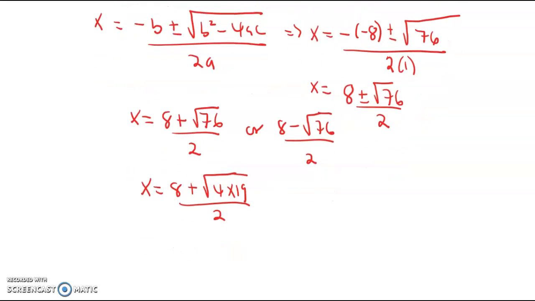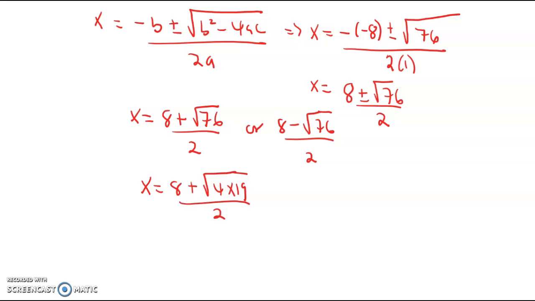Now the square root of 76 is the same as the square root of 4 times the square root of 19. So you have 8 plus the square root of 4, which is 2, times the square root of 19, divided by 2.